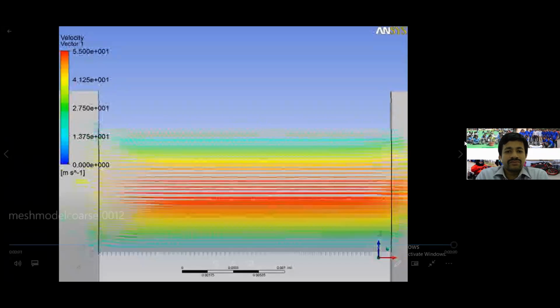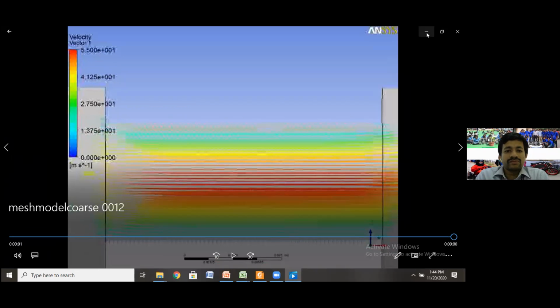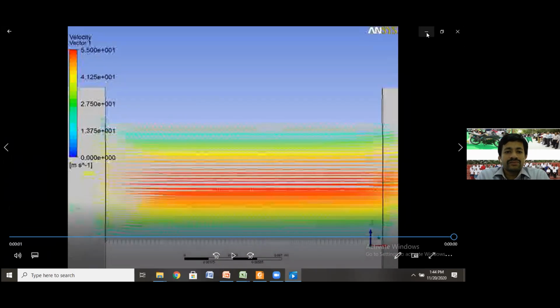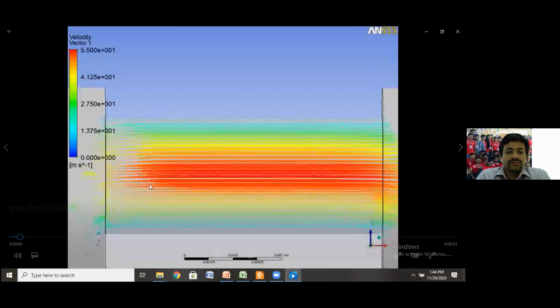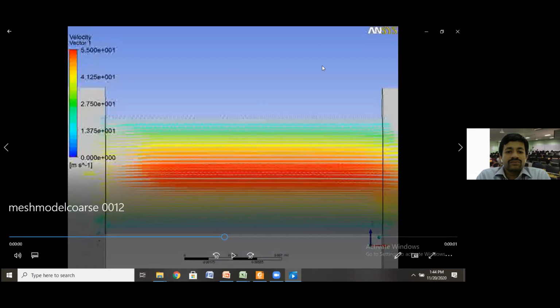In the simulation, we recorded the velocity distribution, pressure distribution, and the temperature. Is there any effect of varying the amplitude? Is there any effect of the frequency? Those things are recorded, and we have done some amount of simulation.